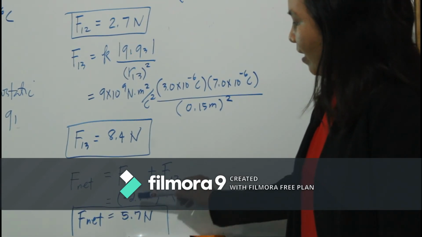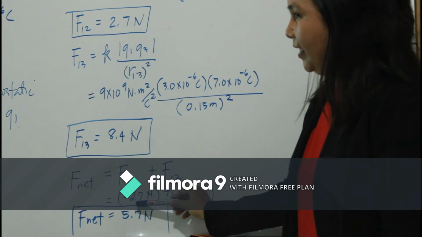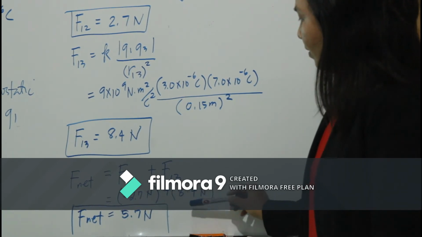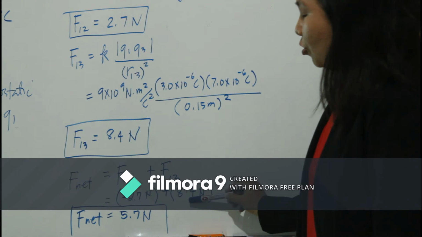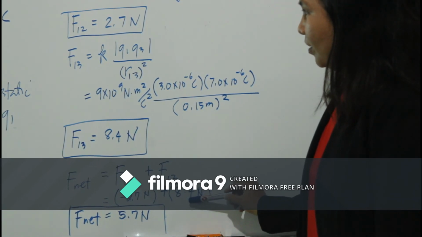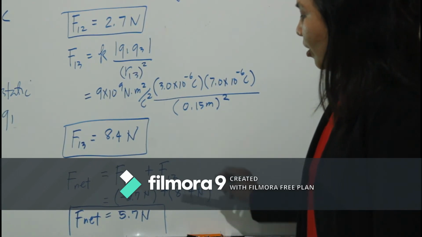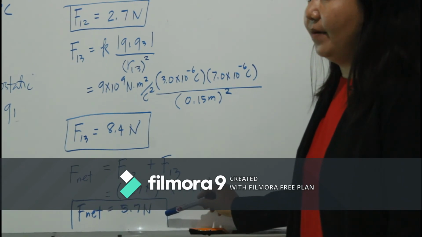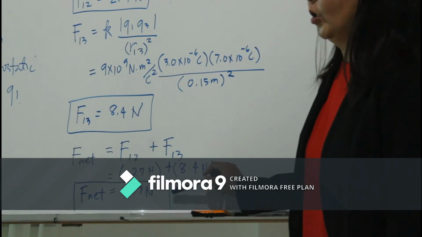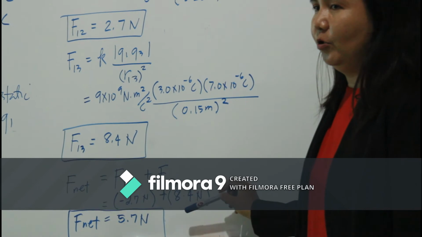F1 and 2 will have the negative sign since it points in the negative x direction, plus the magnitude of F1 and 3. So the net force on charge 1 is equivalent to 5.7 Newton, and it is directed to the right.